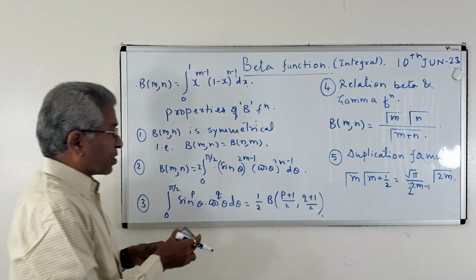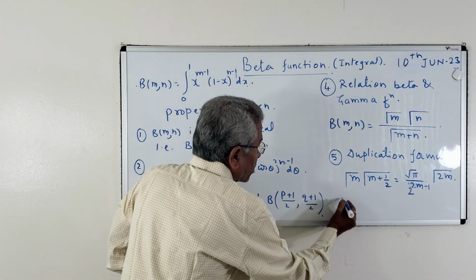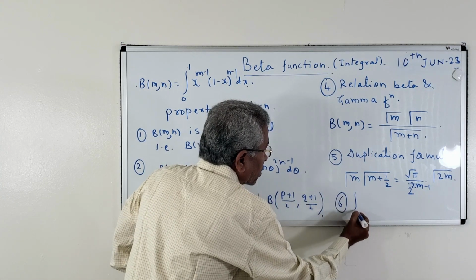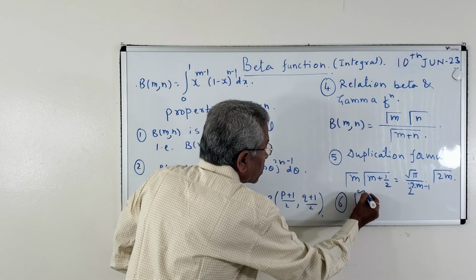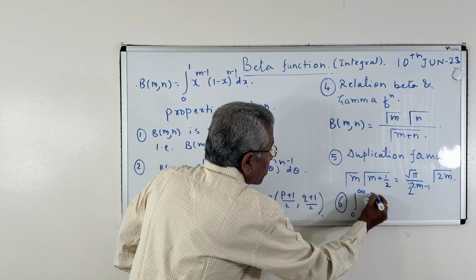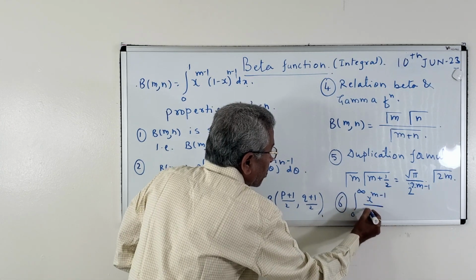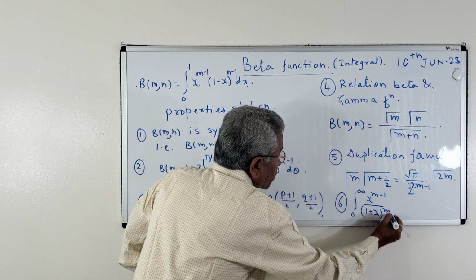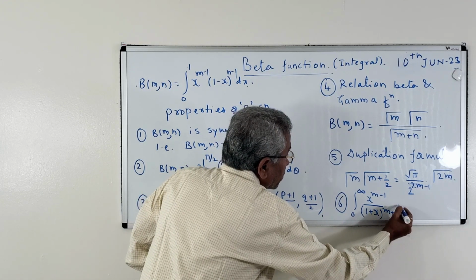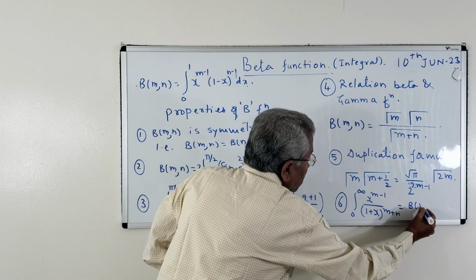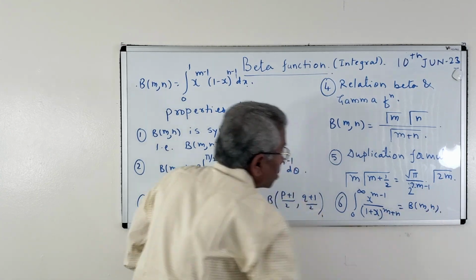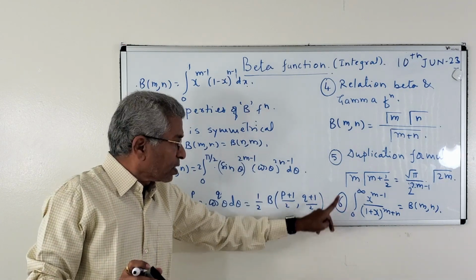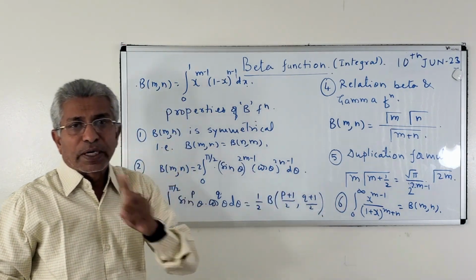And one more property is there, that is also a definition, the sixth one: the integral from 0 to infinity of x raised to m minus 1 upon (1 plus x) raised to m plus n is beta(m, n). So the sixth property is nothing but the second definition of beta function.